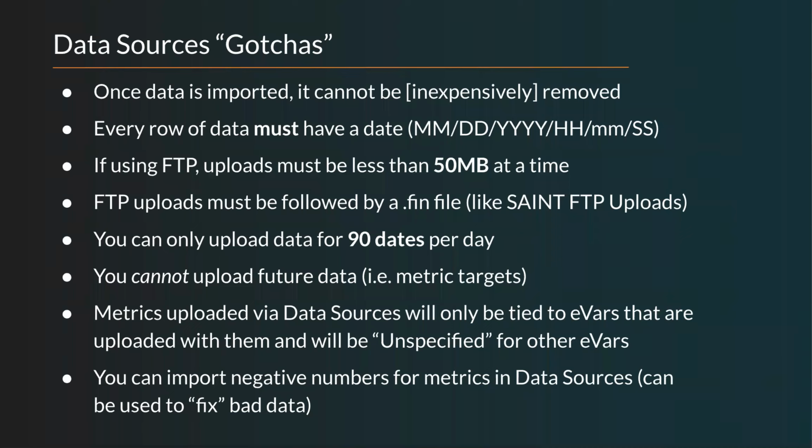Over the years, and I've been doing this a long time, Adobe's gone back and forth on whether they recommend or don't recommend uploading negative numbers. I personally have been burned by it a couple times in the past, so I generally stay away from it, and I'd prefer to upload a positive number into a data source metric and then just use a calculated metric to subtract it out. So just some tips, things to know before you go crazy with data sources.